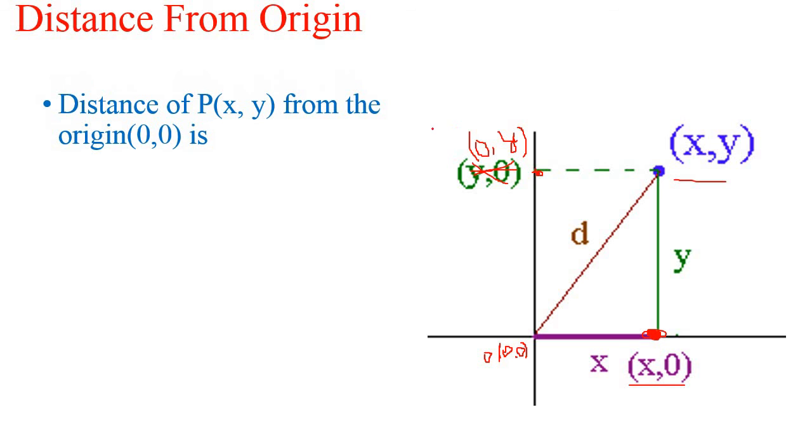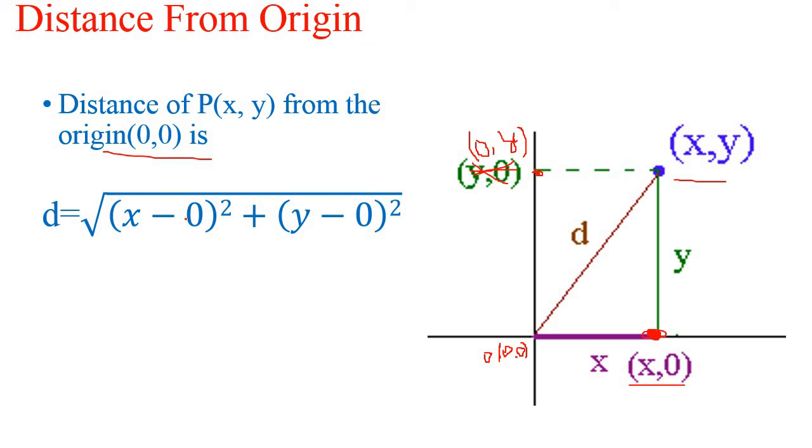The distance of P of x comma y from the origin 0 comma 0 is given by d is equal to square root of x minus 0 whole square plus y minus 0 whole square, because it is x2 minus x1 whole square plus y2 minus y1 whole square.